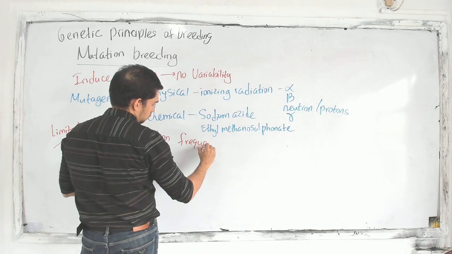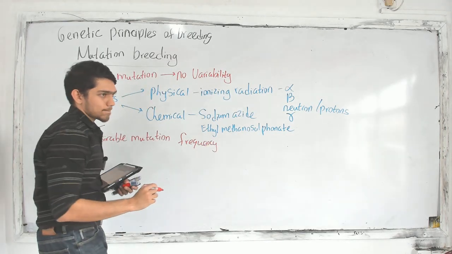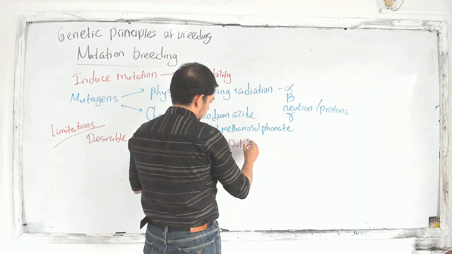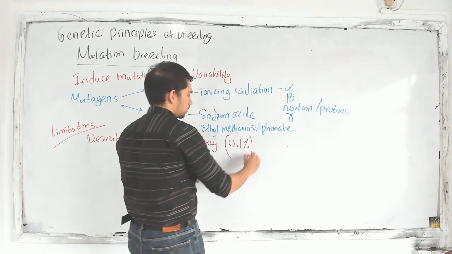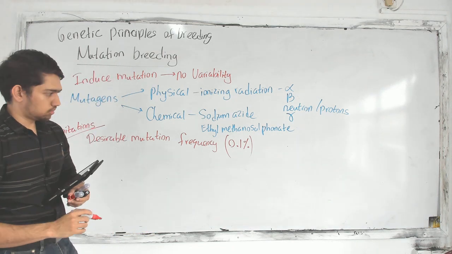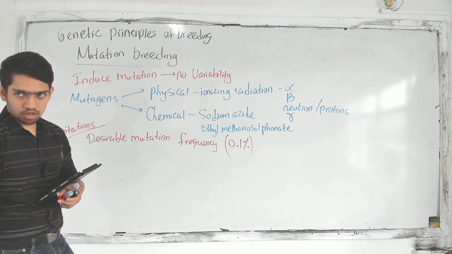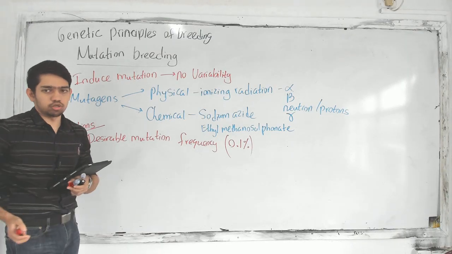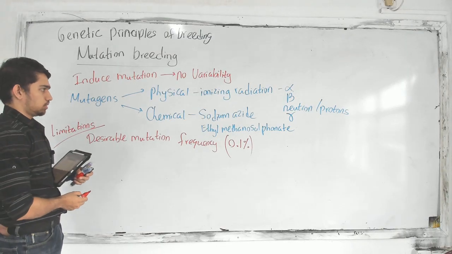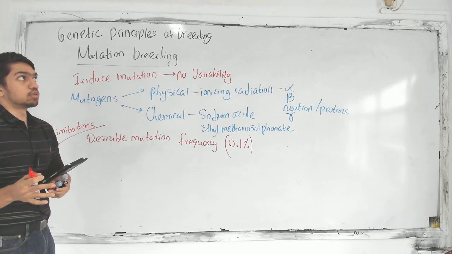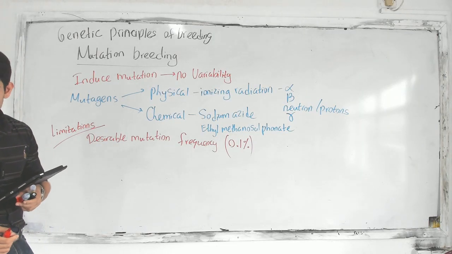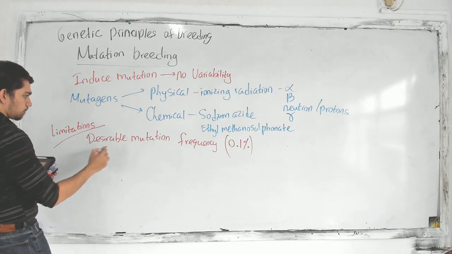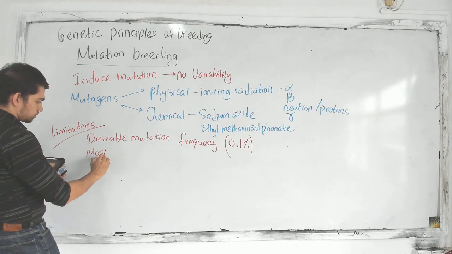If you produce 1,000 mutations, only one can be a good one. That's the meaning of 0.1, right? This is also in plants. In animals, almost all mutations are bad, deleterious. That's one problem. Then most mutations are recessive.